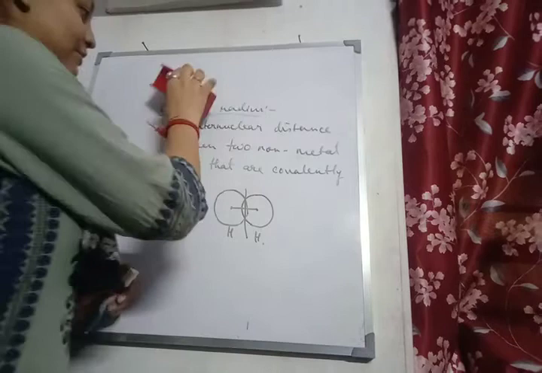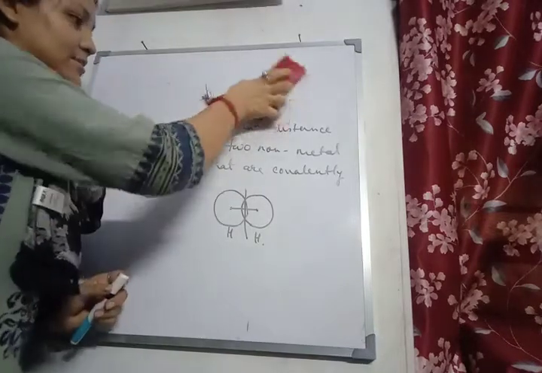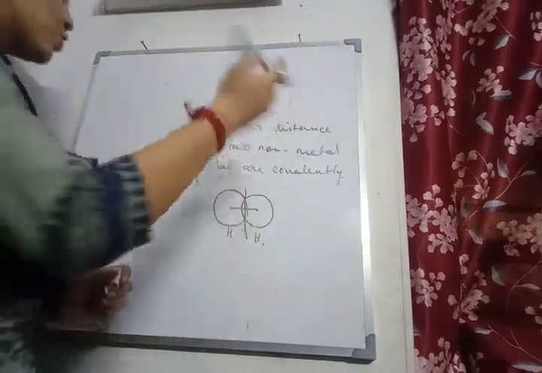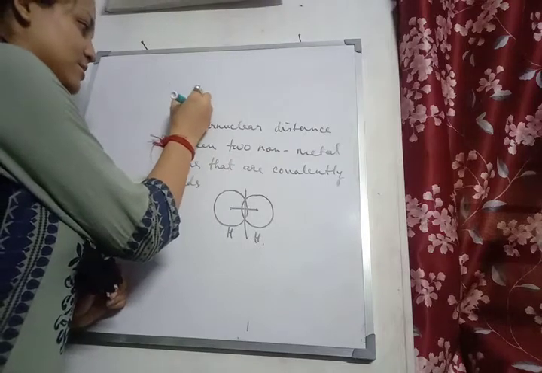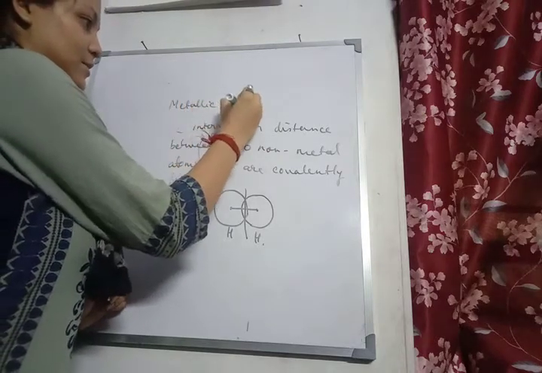Next, we have metallic radius. As covalent radius applies to non-metal atoms, this is for metal atoms.